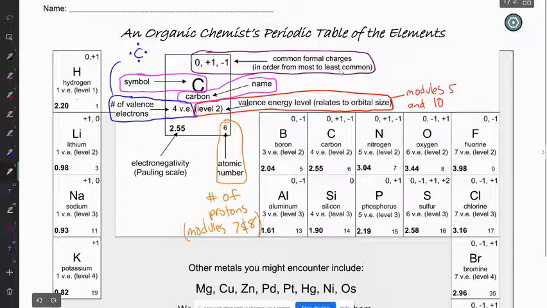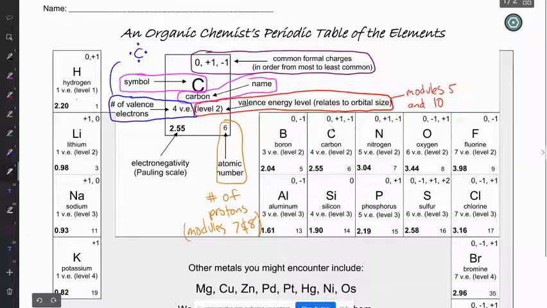But the reason I give you these common formal charges: when you are drawing structures and you draw an atom with a particular formal charge, you might want to check, is that one of the common formal charges that I'll see? One trend I'll point out is very rarely do we see a +2 charge. In fact, sulfur is the only one that we're probably going to see as a +2 in the course.